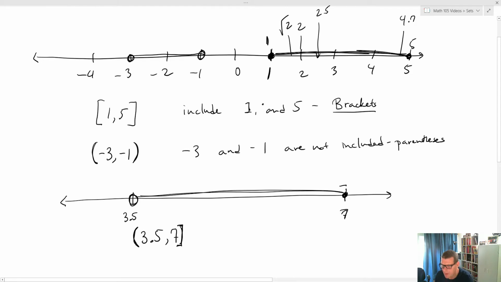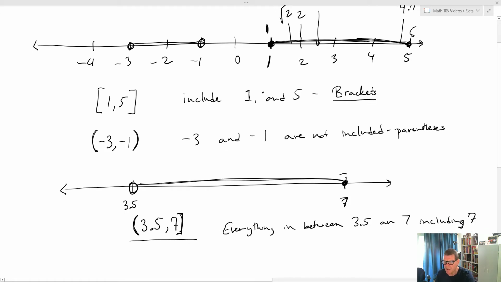That's how we represent these sets. Whenever I write this kind of notation, it's representing an interval: everything in between 3.5 and 7, including 7.